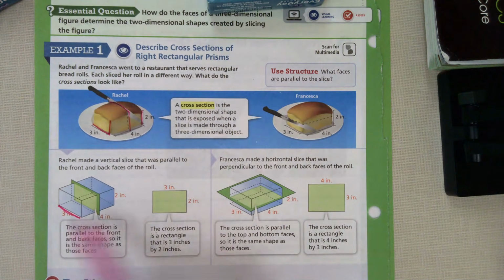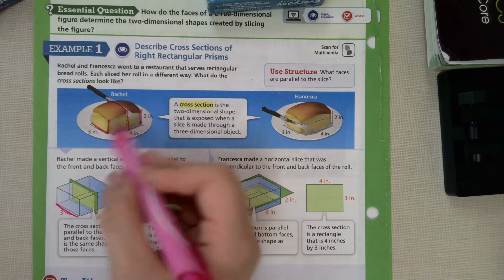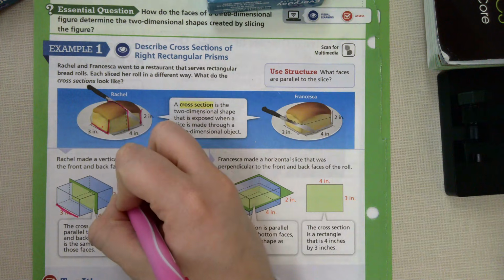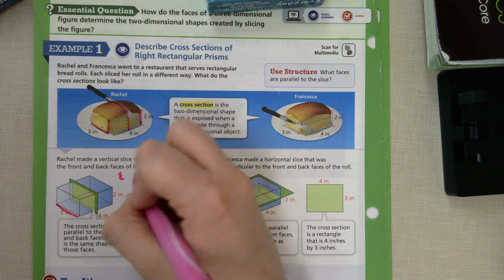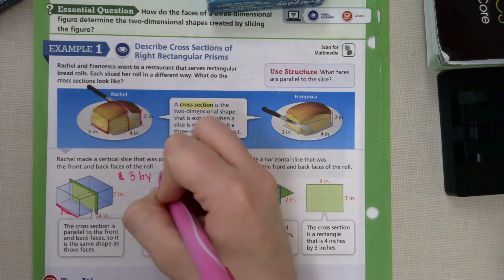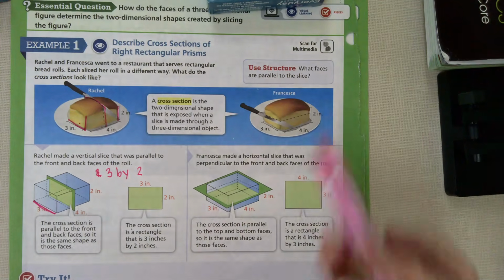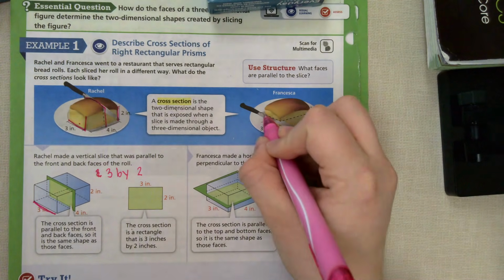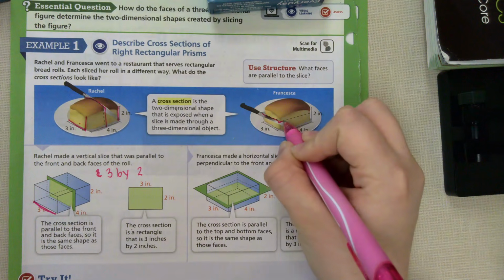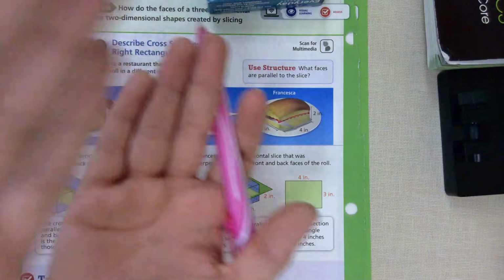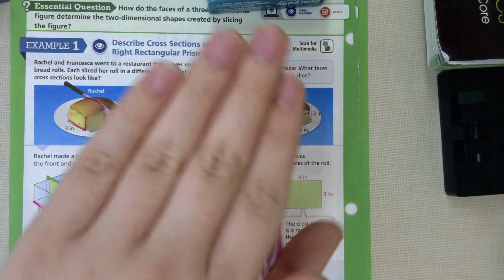So if I'm trying to figure out what my cross section would be for Rachel, I'm looking at that face and I know that it is a 3 by 2. Now, what if we're looking at Francesca? Francesca is slicing it this way. So when she opens it up, her bread is like this, and she's opening it up like that.